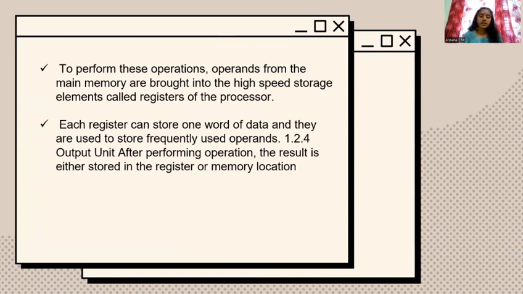Each register is capable of storing one word of data, and they are also used to store frequently used operands. After performing the operation, the result may be stored in a register or in a memory location.